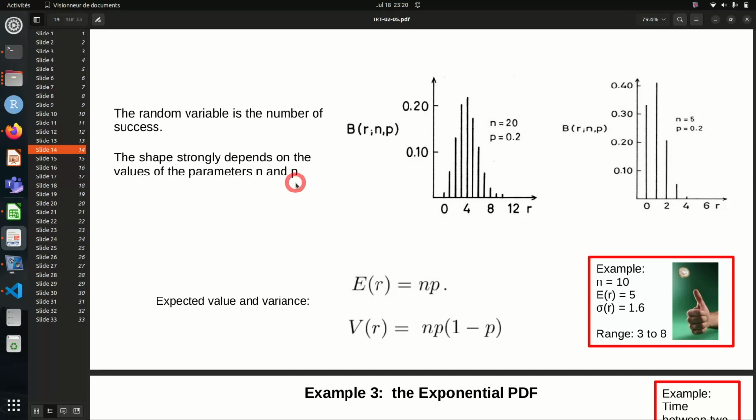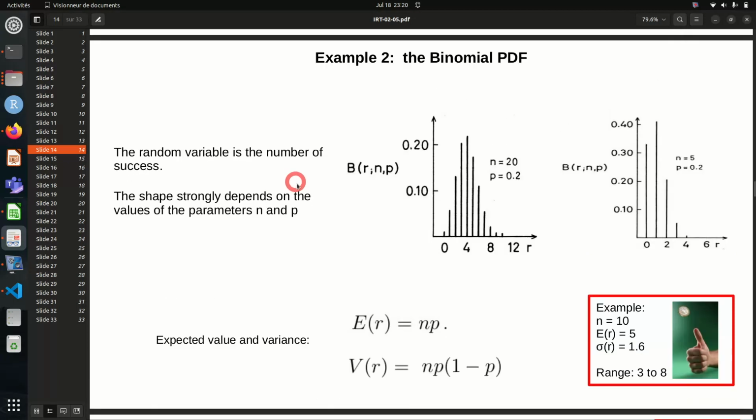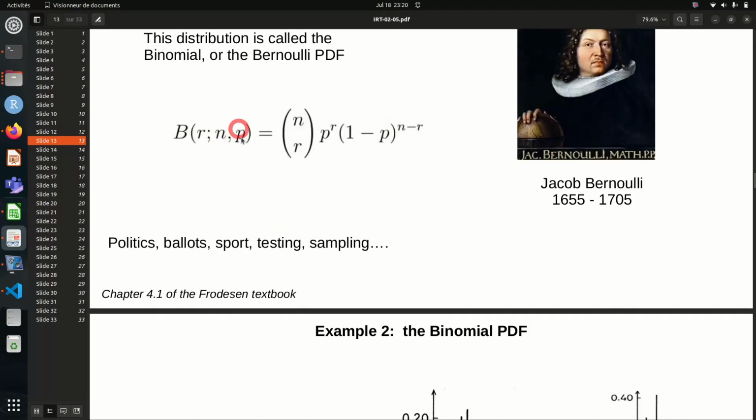One important property to keep in mind about the binomial process is that the shape is going to change depending on the parameters. So n and p, which are here, are parameters. These are not the random variables.